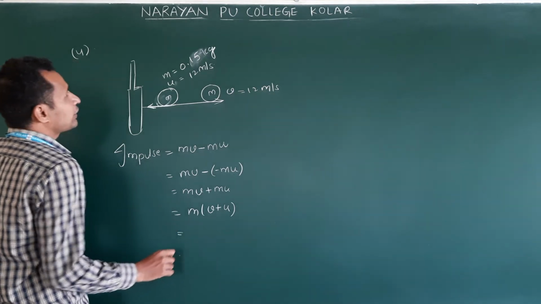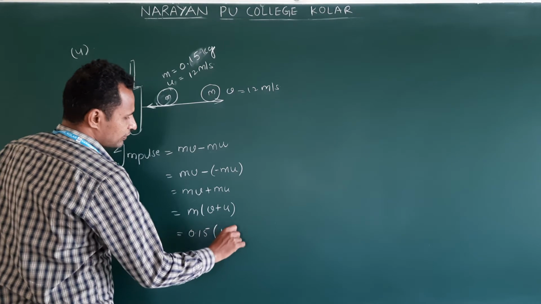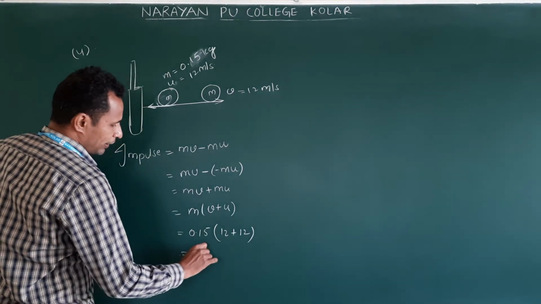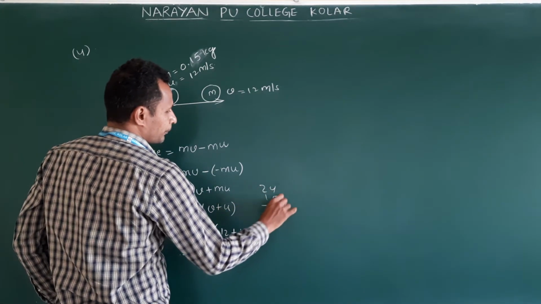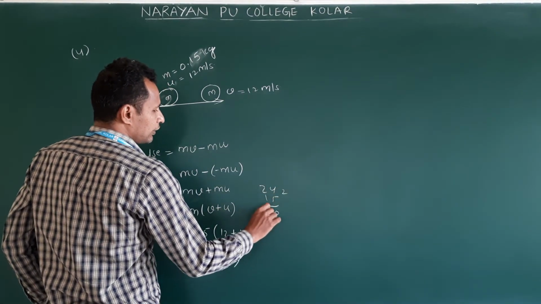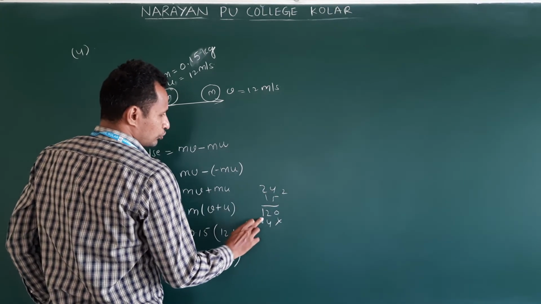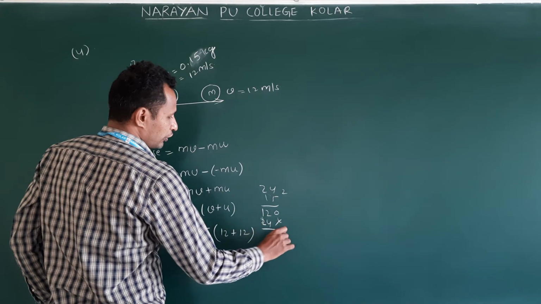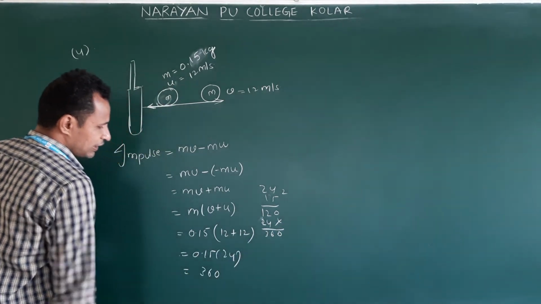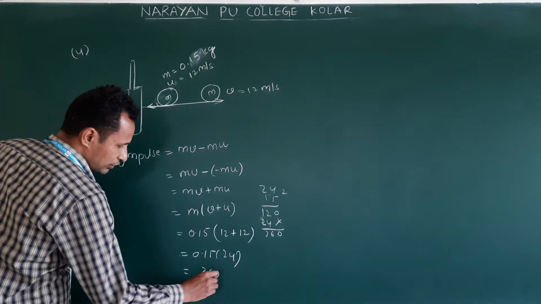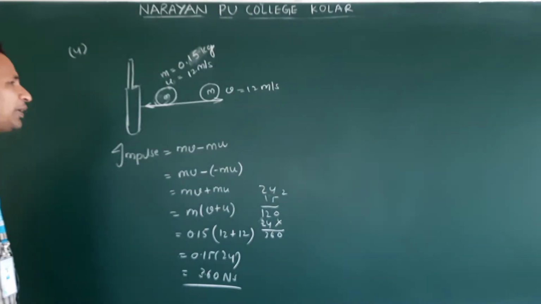So this will be 0.15 into 12 plus 12, which is 0.15 into 24, that is 360. How many decimals are there? Two. So 3.60 Newton second.